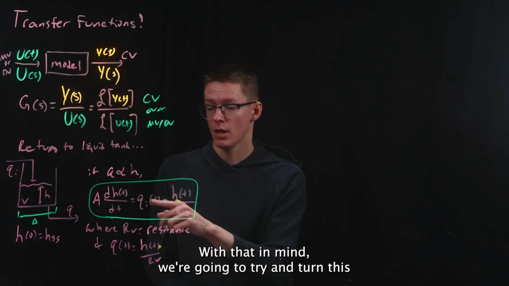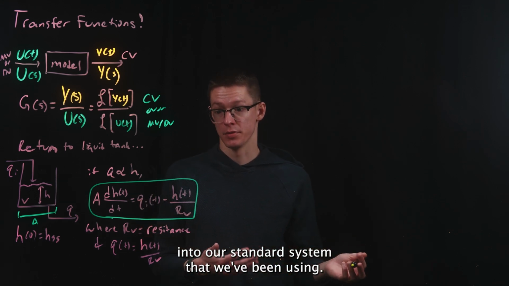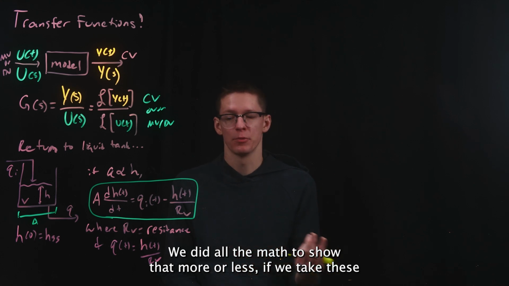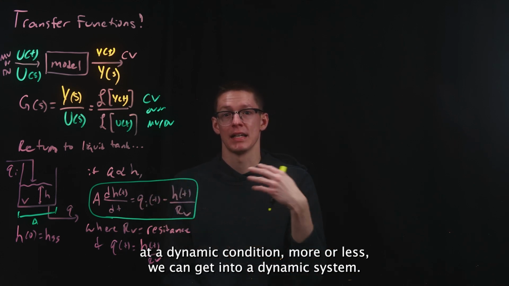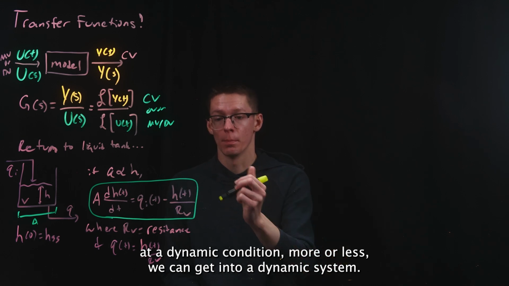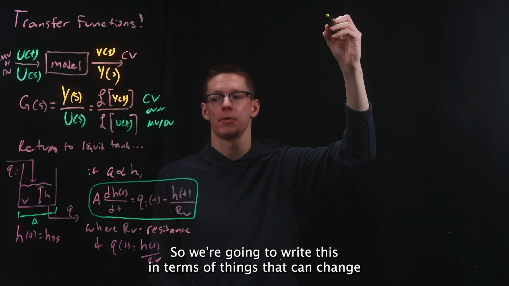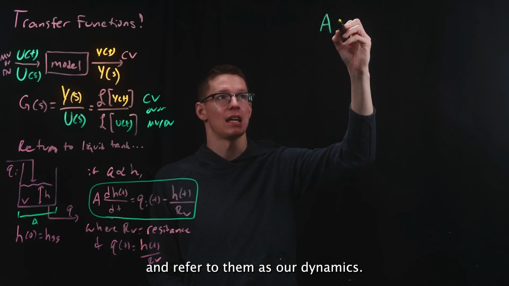With that in mind, we're going to try and turn this into our standard system that we've been using. We did all the math to show that, more or less, if we take these based on steady state conditions and then we also take them at a dynamic condition, we can get into a dynamic system. So we're going to write this in terms of things that can change and refer to them as our dynamics.